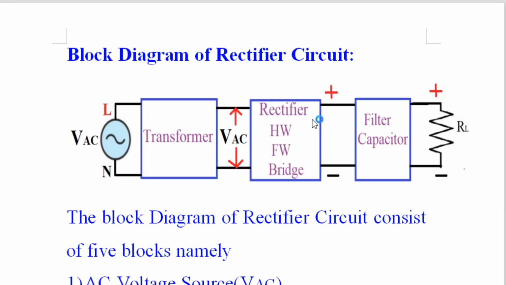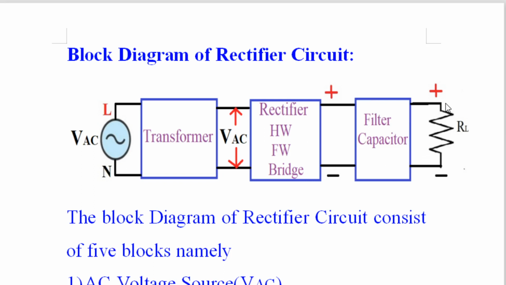And there are three rectifiers: half wave rectifier, full wave rectifier, and bridge rectifier. The output of the rectifier is DC, that's why there are fixed polarities, plus and minus. Now this output of the rectifier circuit, which is DC, is given to the filter circuit, where a capacitor is used as a filter for having a smooth DC.